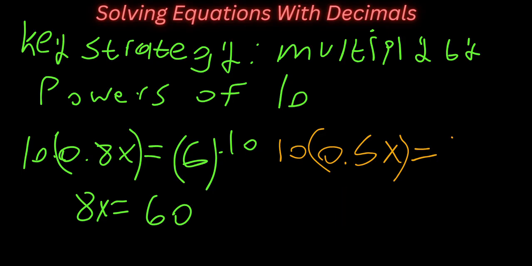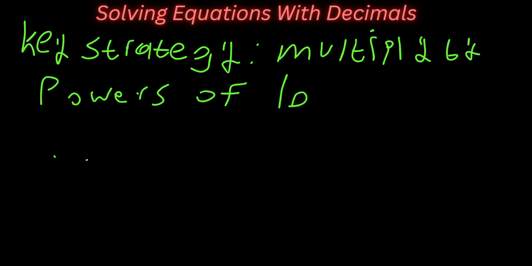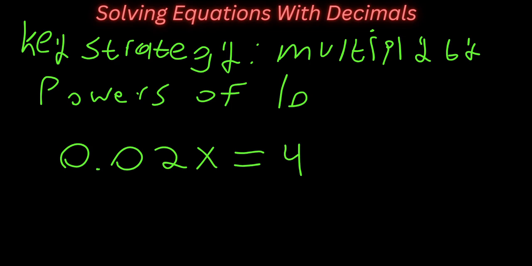So let's erase all of this and let's do one more example just to really knock it home here in the introduction portion. When you are given a problem like 0.02x equals 4, you need to multiply it by a power of 10.